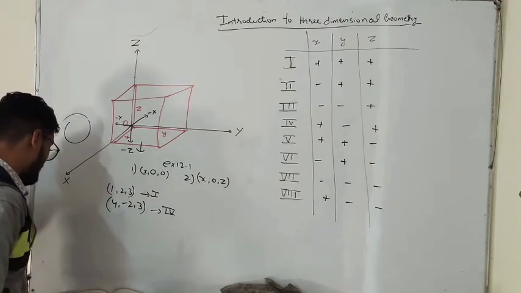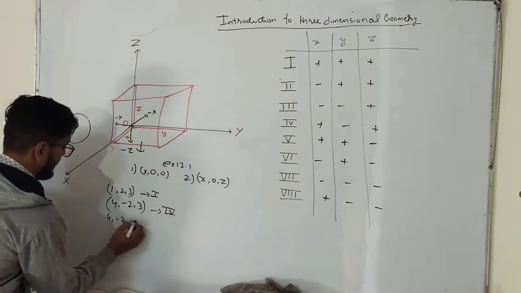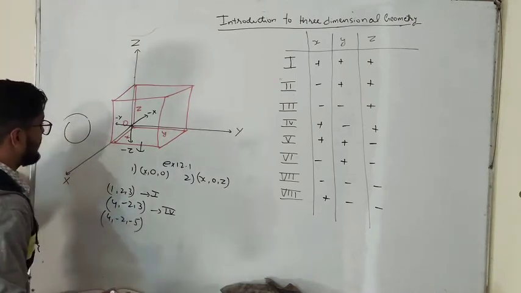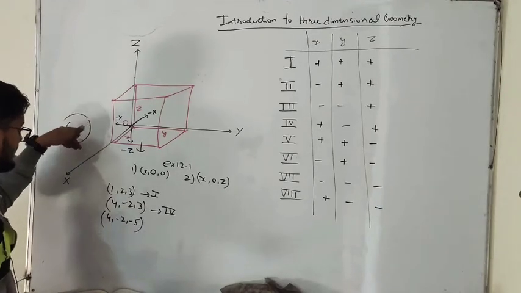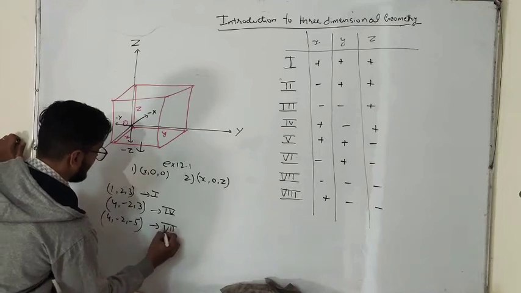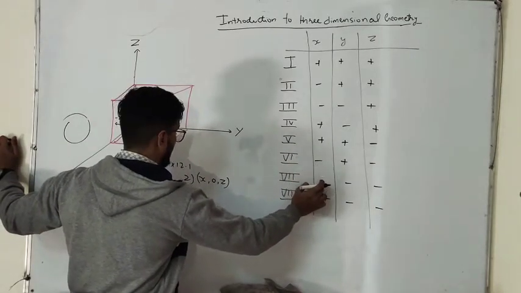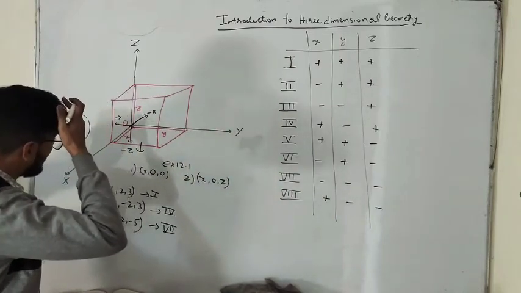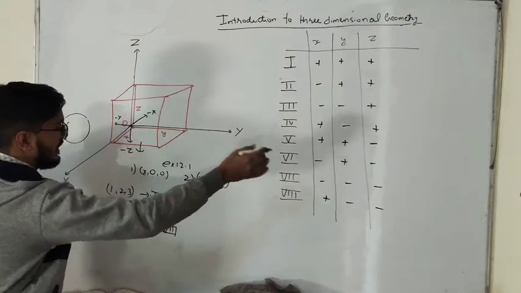Next, 4, -2, -5. So x positive only, y negative and z negative. So that means seventh octant. Here also we can confirm positive. Okay, eighth octant. Positive, negative, negative is eighth.